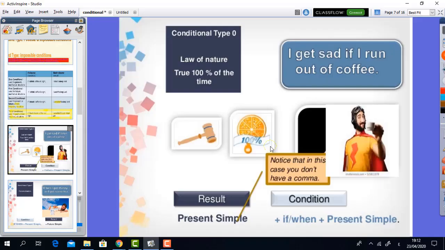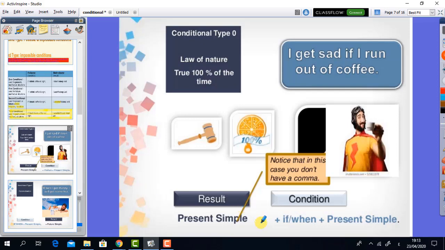So to sum up with conditional type 0, it is made of two parts, the if clause and the main clause. The verb of both parts is in the present simple. The if clause can be at the beginning of the sentence followed by a comma and then the main clause, or it can be put after the main clause without any comma.